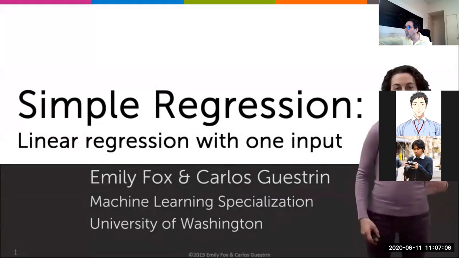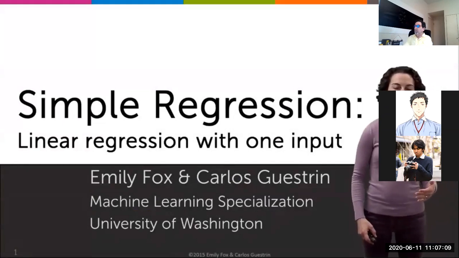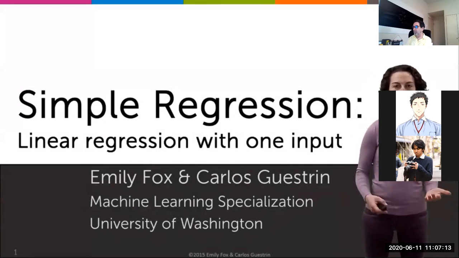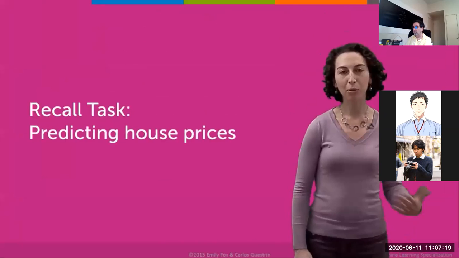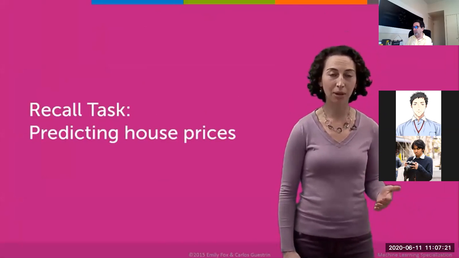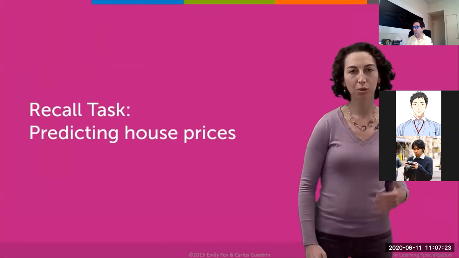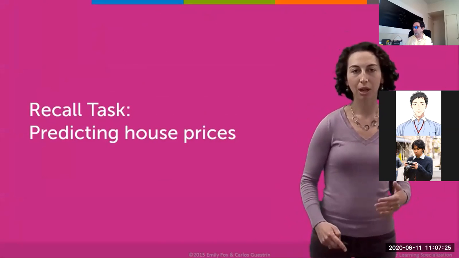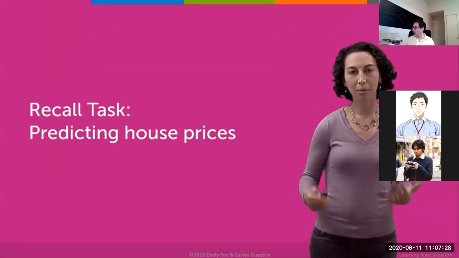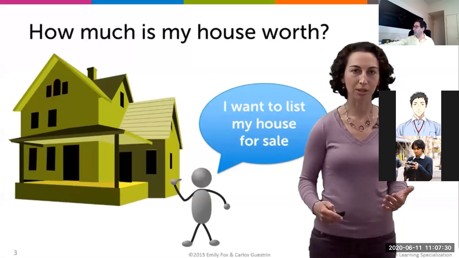Okay, so for the first part of our course on regression, we're going to start with something that's called simple regression. And as the name implies, it's just a very simple form of regression where we assume that we just have one input and we're just trying to fit a line. Okay, but before we get to starting to talk about this simple regression model, let's just recall our task of interest, where our case study is discussing how to predict house prices.